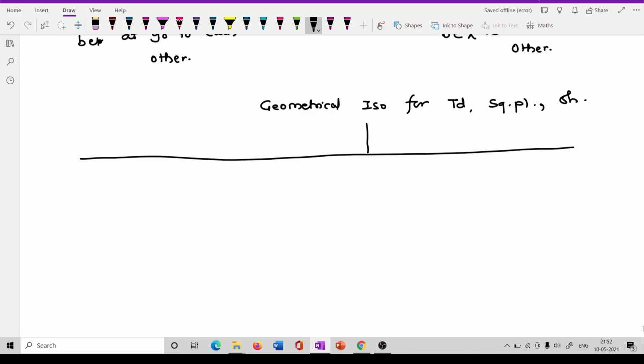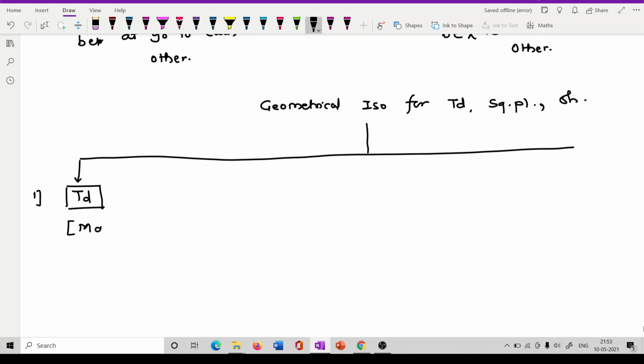The first one is tetrahedral, whose symbolic representation is Td.